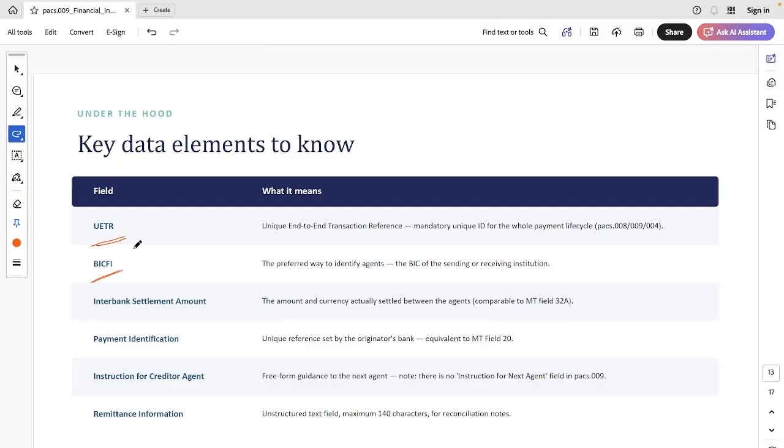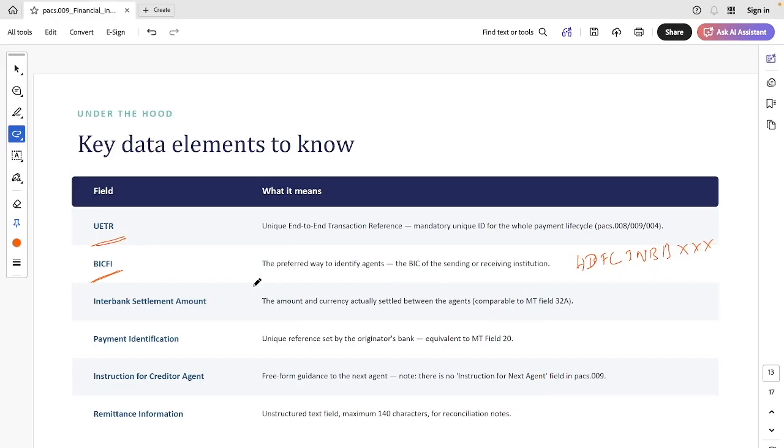Second is BIC. BIC FI is actually a bank identifier code of a financial institution. In a payment message, agents are commonly identified using their bank identifier code, or simply BIC. For example, HDFC Bank is identified using this particular format, HDFCINBBXXX, and so on.